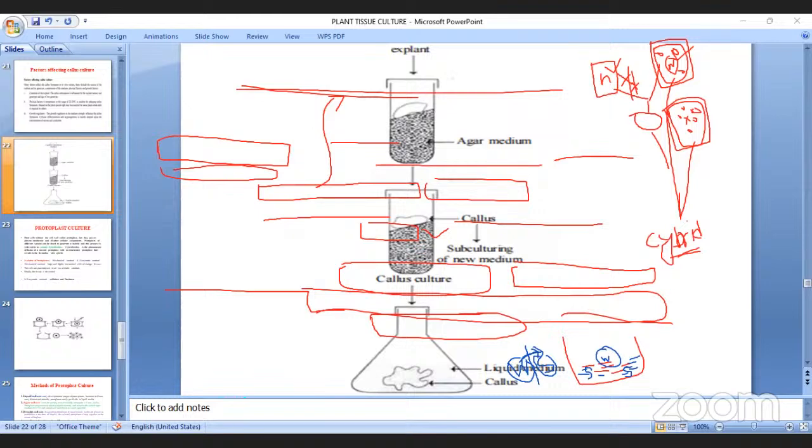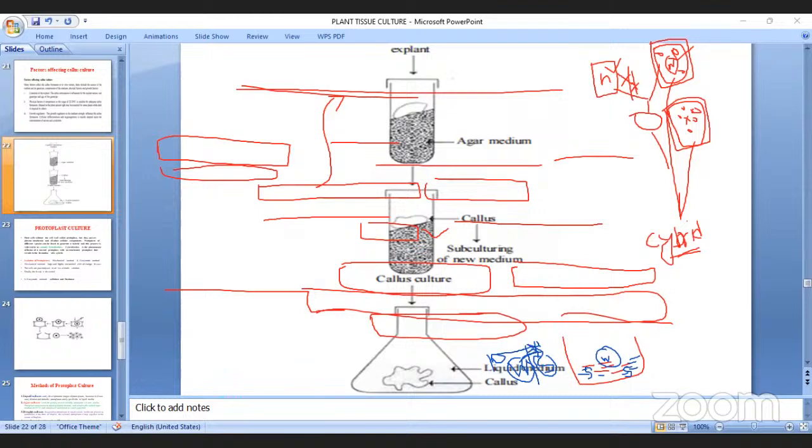Observe: water means low concentration, sugar means high concentration. Always water moves from low concentration to high concentration, right?